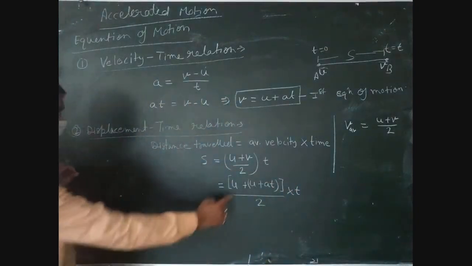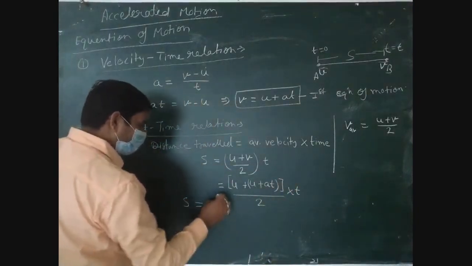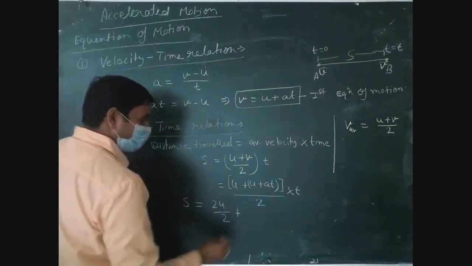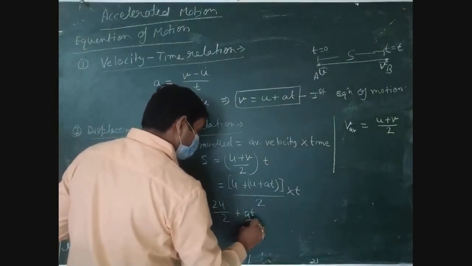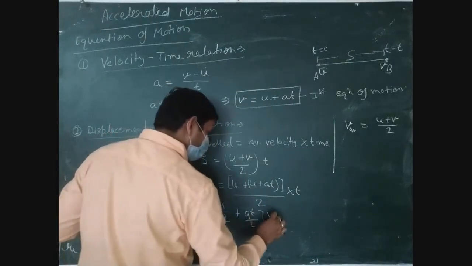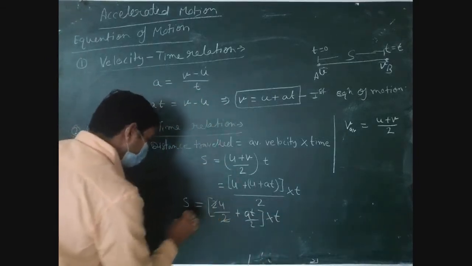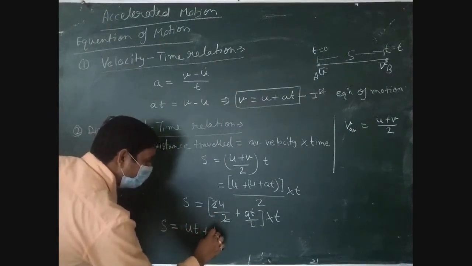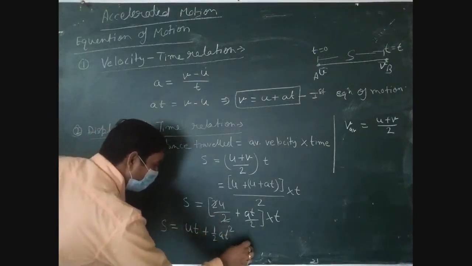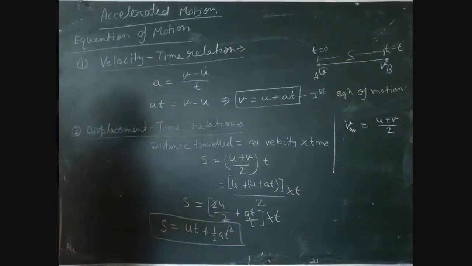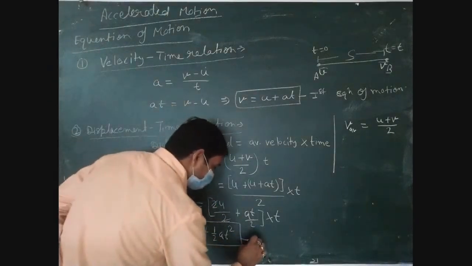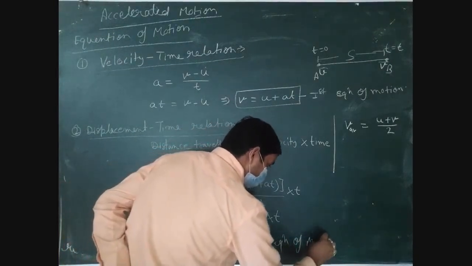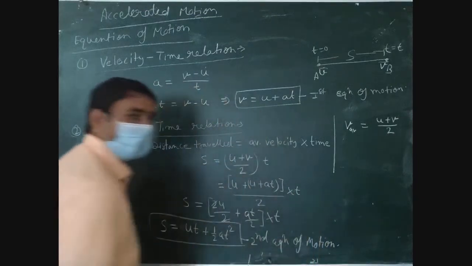Okay, now from here we get s equal to 2u upon 2 plus at upon 2, into t. Now cancel this and you will get the relation ut plus half at square. This is your second equation of motion. Okay, note it down.